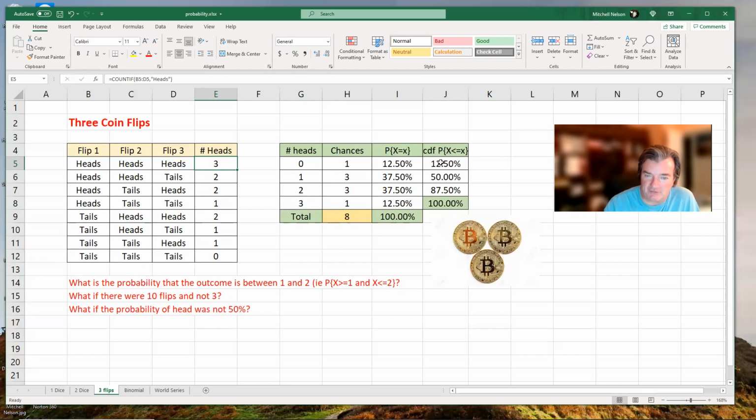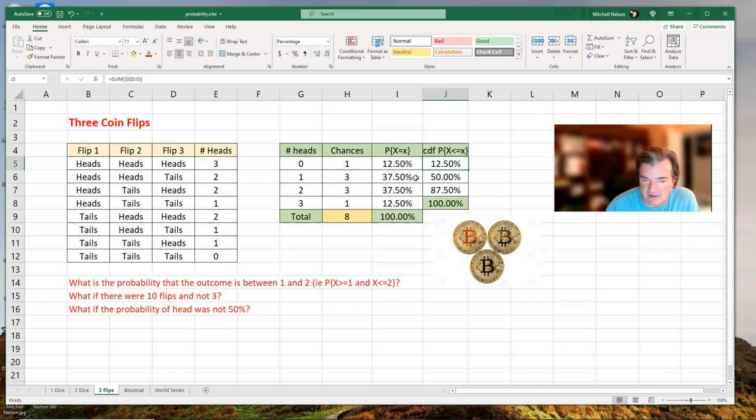The cumulative distribution function, the probability that I get so many heads or less. The probability that I get 0 heads or less is this number. So the first two of these numbers should always match. The probability that I get one head or less would be 50%.